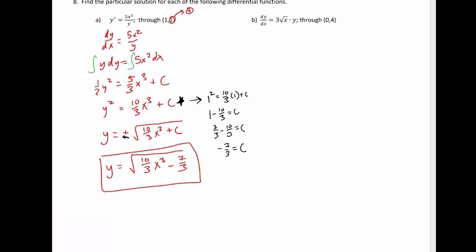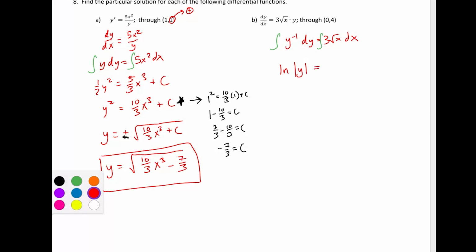Letter B, our last problem for tonight. We've got dy dx equals 3 times root x times y. So we're going to divide both sides by y, giving me y to the -1 dy equals 3 root x dx. Now we're going to integrate both sides. Which will give me the natural log of the absolute value of y equals, now hang on here, 3 root x is really like 3 times x to the 1/2.